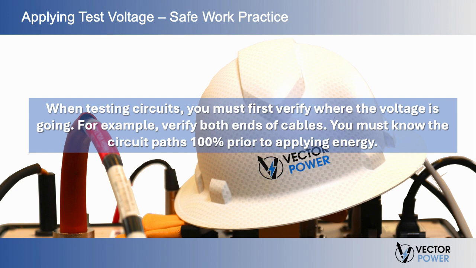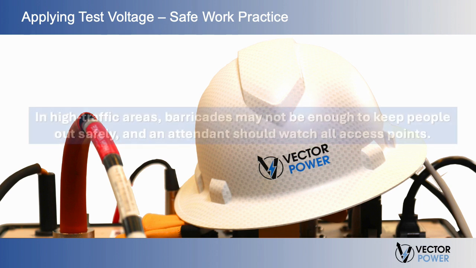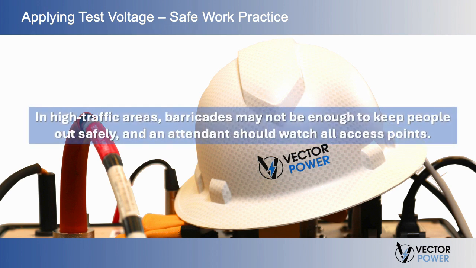You must know the circuit path 100% prior to applying energy. Before the test, you must barricade all access points. In high traffic areas, barricades may not be enough to keep people out safely, and an attendant should watch all access points.